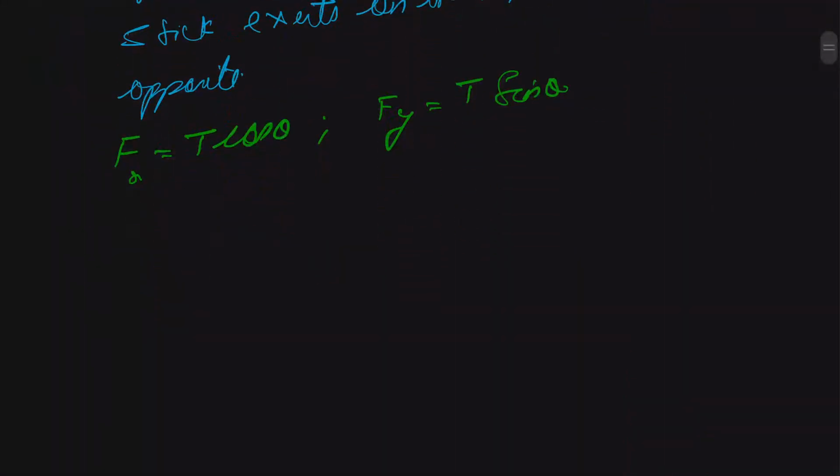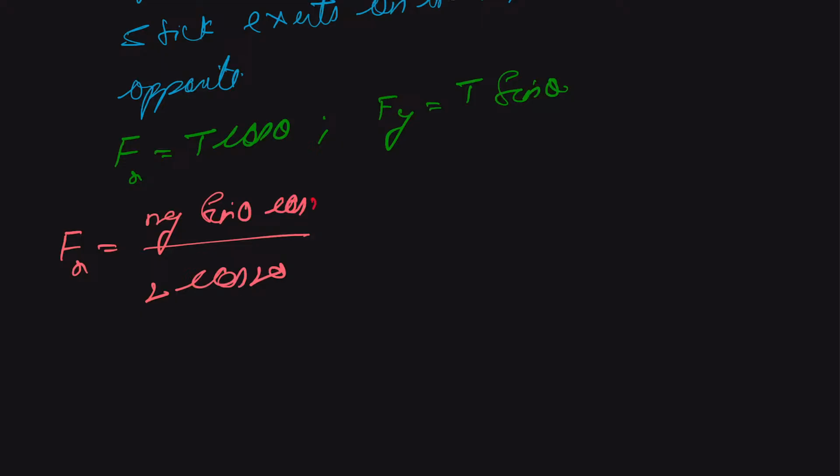Therefore, we can substitute it and we get F of x is equal to mg sine of theta cos of theta over cos of 2 theta.